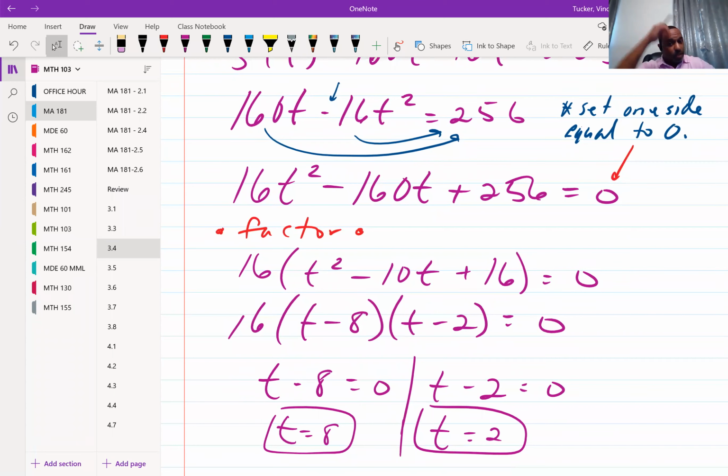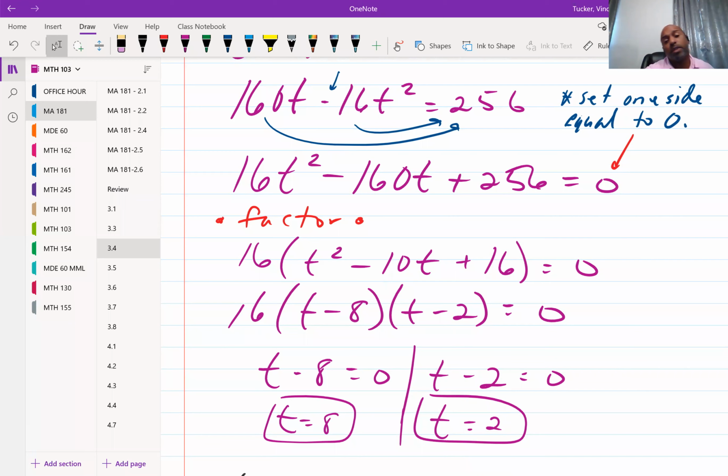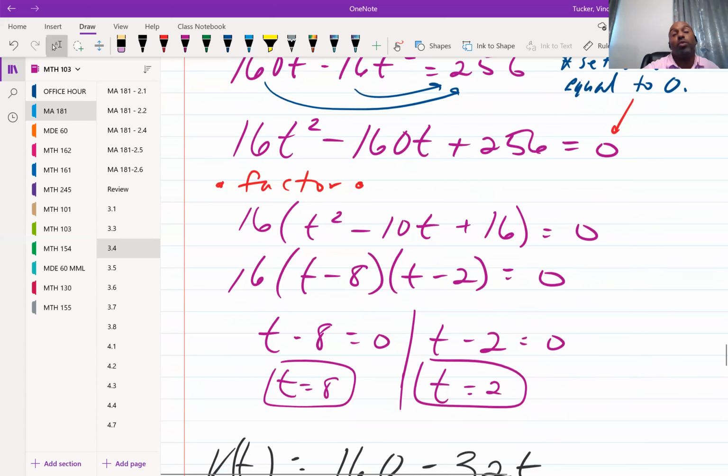So I have t equal to 8 and t equal to 2. All right, pretty good so far. These are the two times that the rock would hit 256 feet.